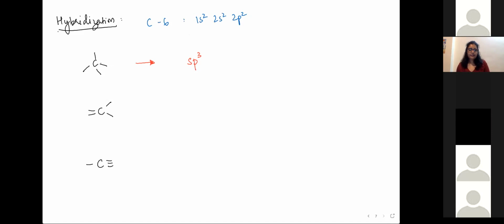Next, when it needs to form a double bond, what would be the hybridization of carbon in this situation? Sp2. Yes. And hybridization in this situation? Sp. sp hybridization. Correct. इसका shape क्या है when it is sp3 hybridized?